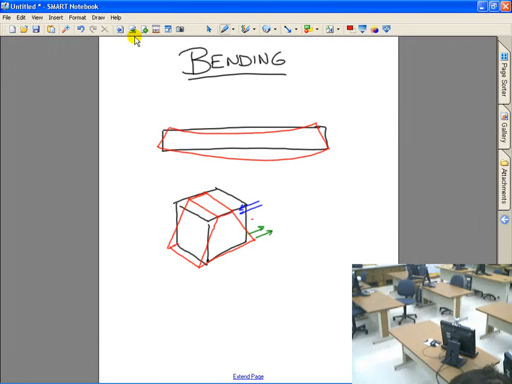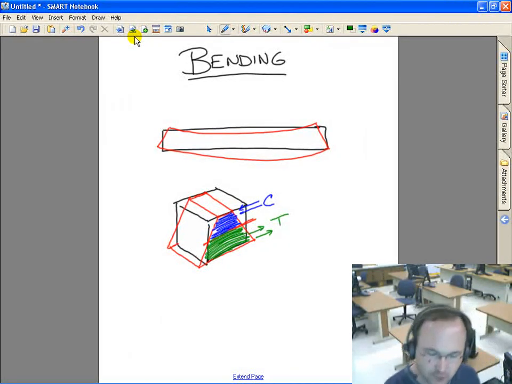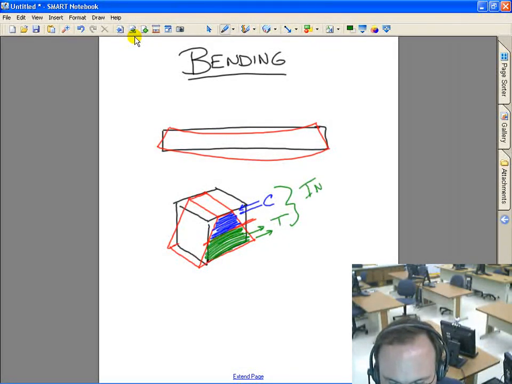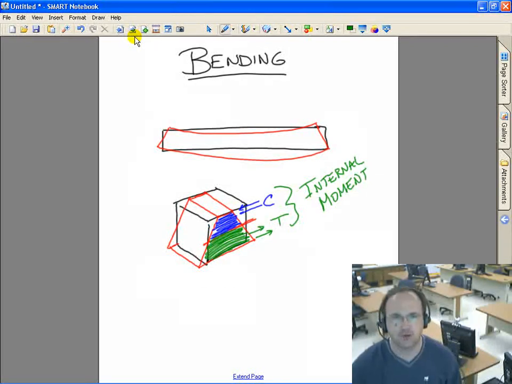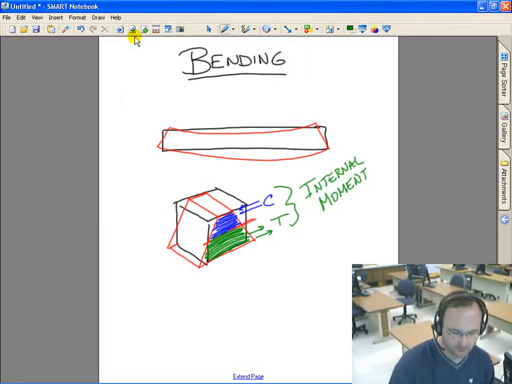So at this neutral axis right here, we have compression up here, and we have axial tension forces down here. And this produces our internal moment, which is equal in magnitude and opposite in direction of our externally applied moment.